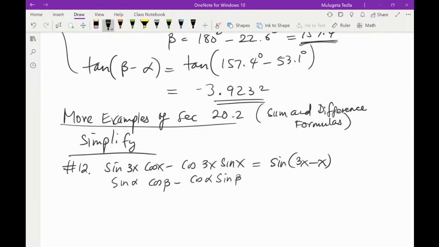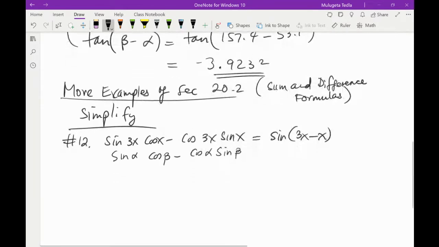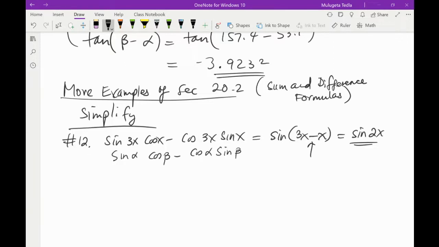I prefer to switch the angles, not the functions. So that's exactly what that is. So this is nothing but sine of 2x. See, you can subtract this, and then you can write the answer.